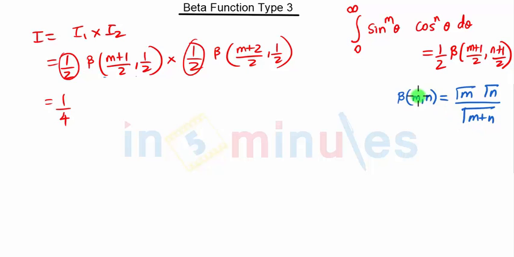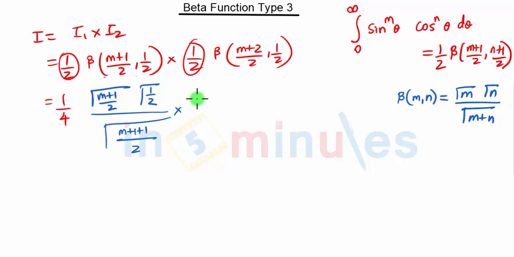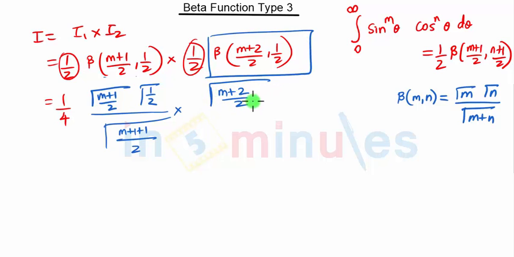So we are going to use this formula, which is gamma of m plus 1 upon 2 into gamma of half upon gamma of addition of these two terms, which is m plus 1 upon 2 plus half, into the same formula we are going to use for this beta. We get gamma of m plus 2 upon 2 into gamma of half upon gamma of addition of these two terms, which will be m plus 2 plus 1 upon 2.